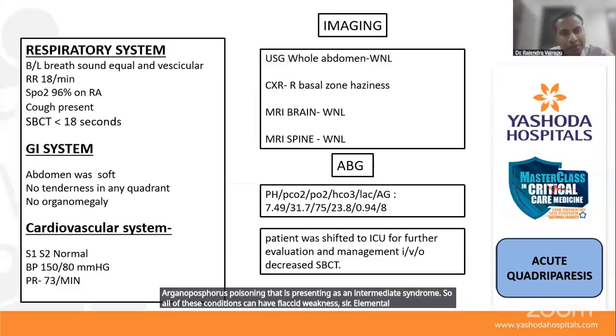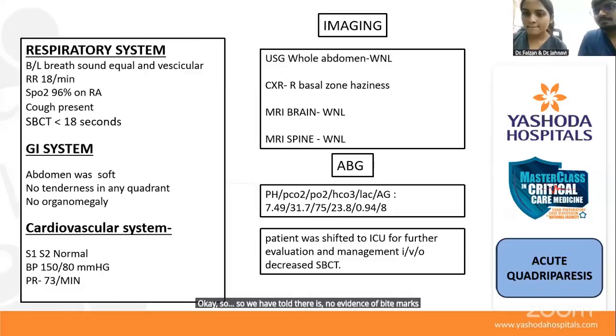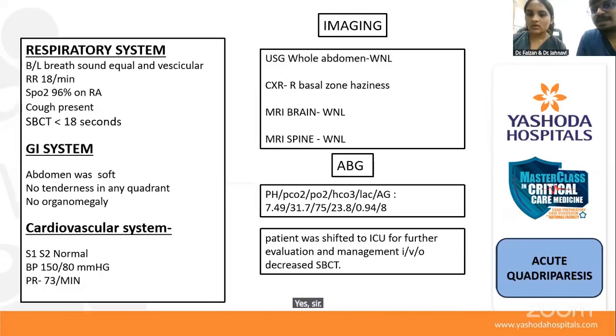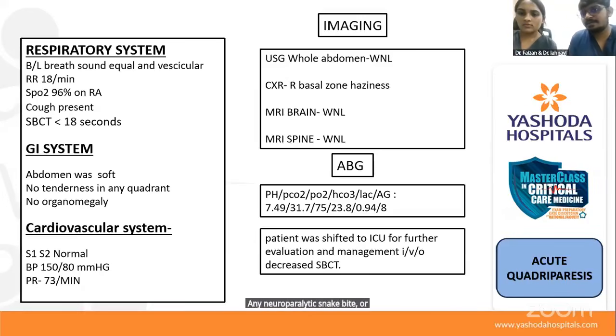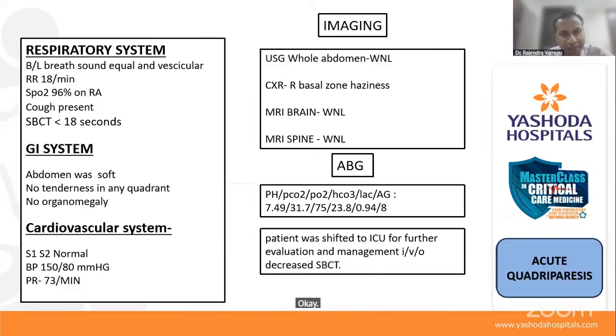Okay, so you have told there is no evidence of bite marks. Why have you specifically mentioned it? Yes, sir. Any neuroparalytic snake bite or any tick bite can present as quadriparesis, sir. Okay, if any tick bite is there, what is the treatment?